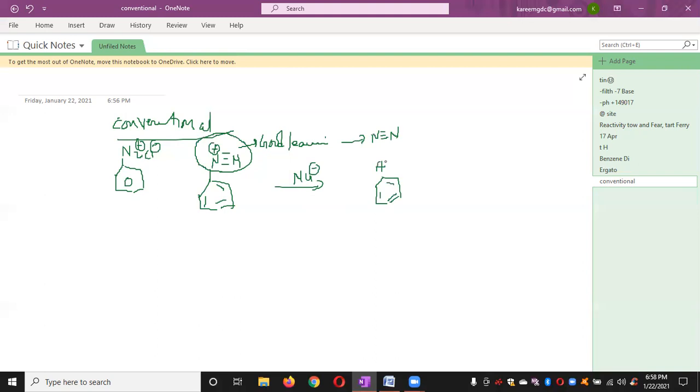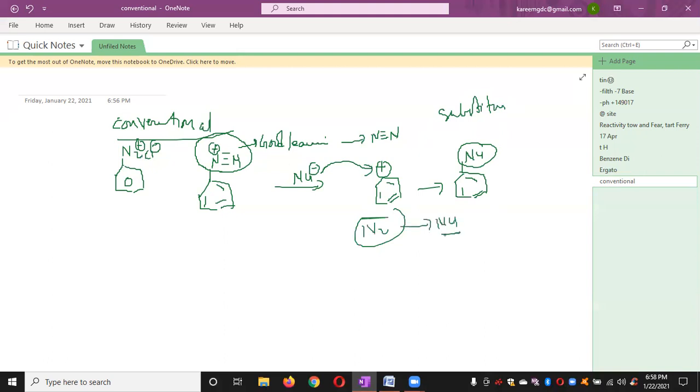So this is highly unstable. So that's why immediately it will react with the nucleophile. So we may get a nucleophilic substitution reaction. So this reaction is known as a substitution reaction. So in that substitution reaction, we can conclude that this N2 can be substituted with a nucleophile. So this is the reaction, most of the reactions go this way.